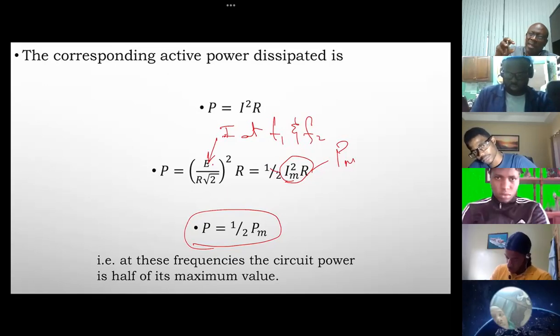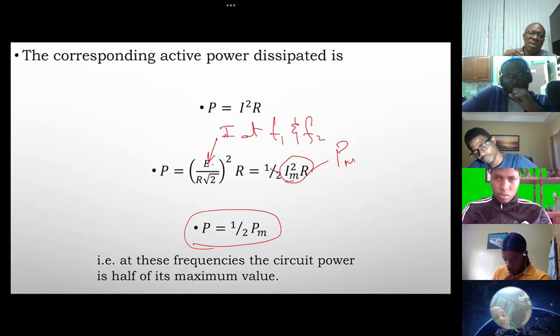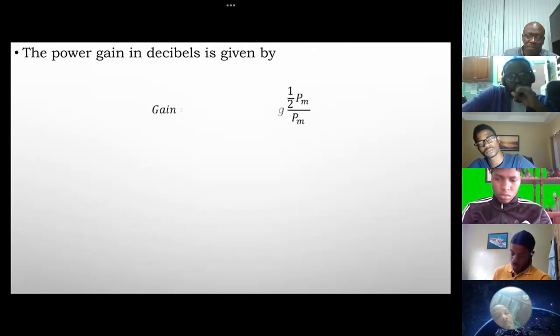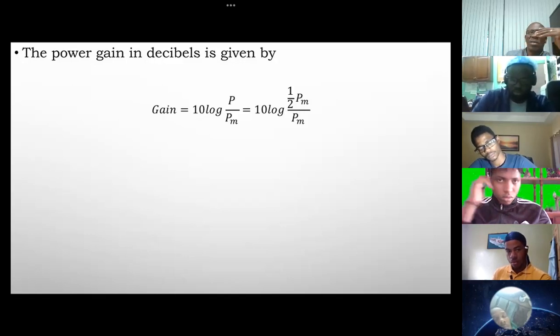Now, I can write a relationship between the power at these two frequencies and the power at the resonant frequency. And the relationship I'm going to write is the gain in power from I max to I. Obviously, we're using the term gain, but it's really a loss.